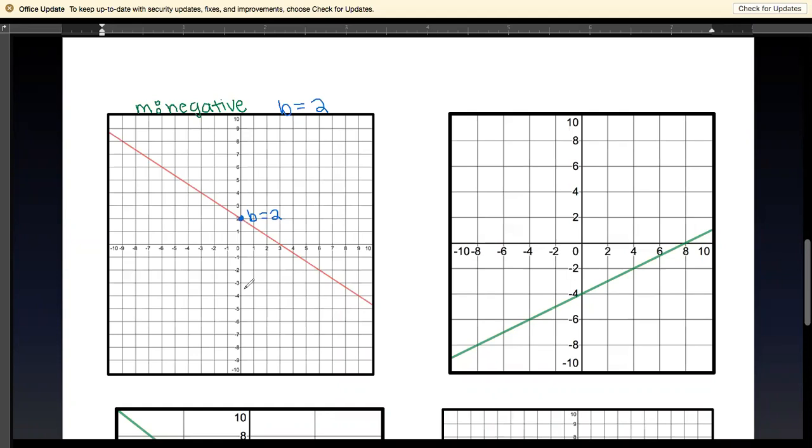So now I want to find my actual slope. So I need 2 points on my line. I can just use the y-intercept, and then I'm going to use this point right here.